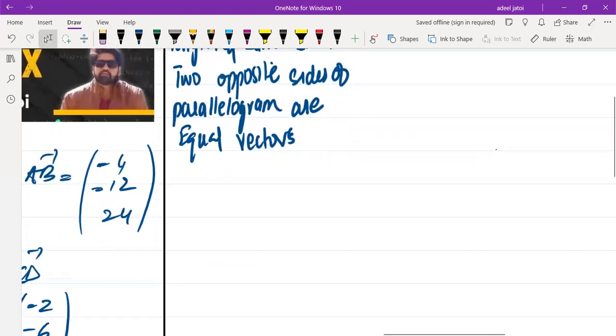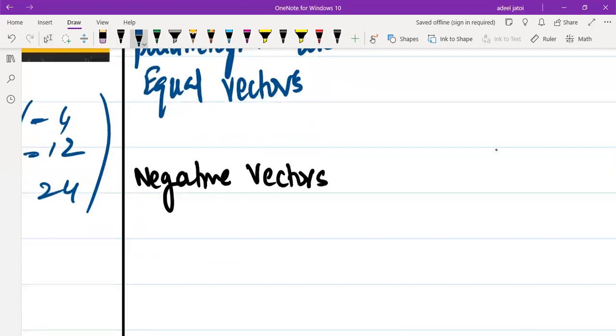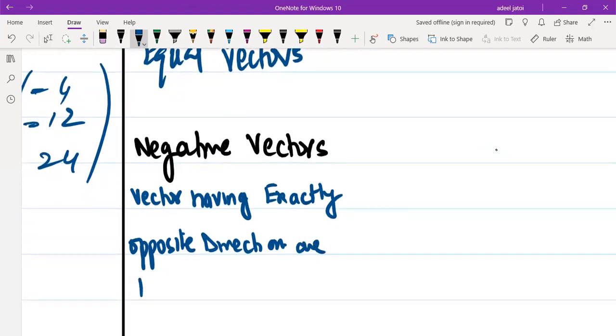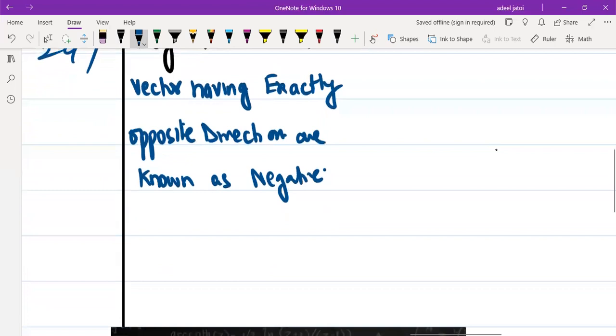Then what we have is negative vectors. Vectors having exactly opposite direction are known as negative vectors.